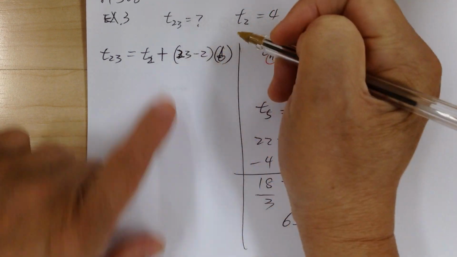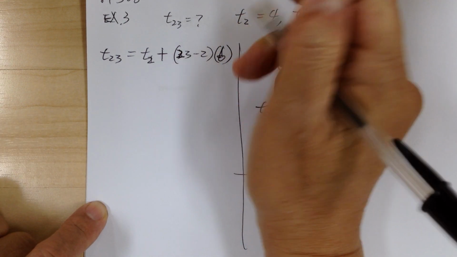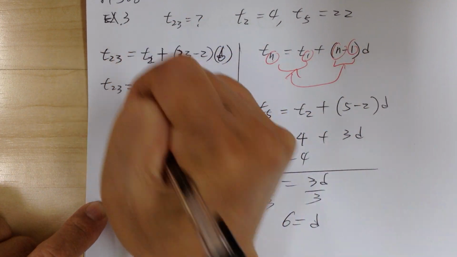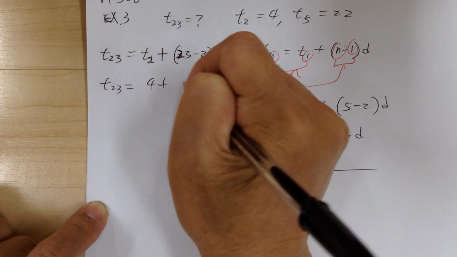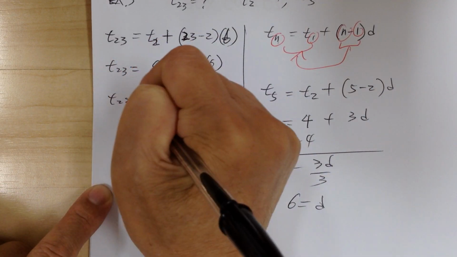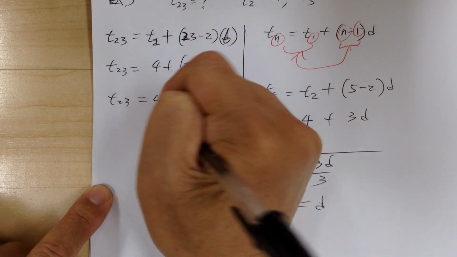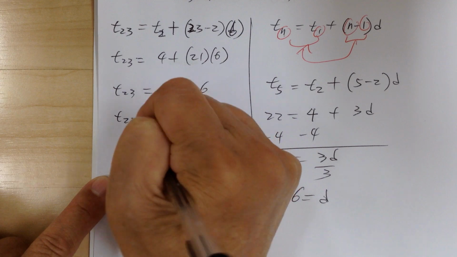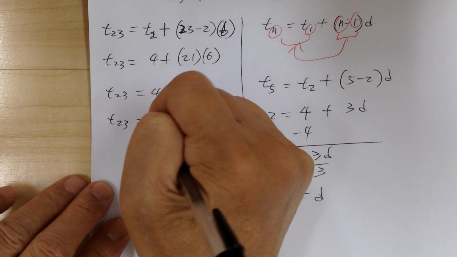Now you can substitute the T2 in here. So T23 equals 4 plus 21 times 6. So T of 23 equals 4 plus 126. So T of 23 equals 130.